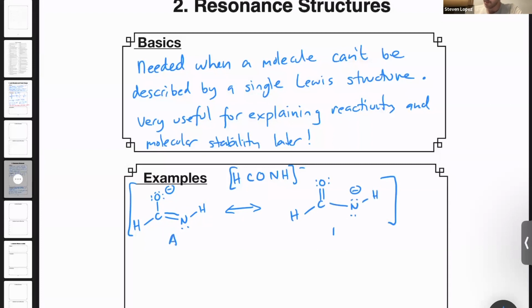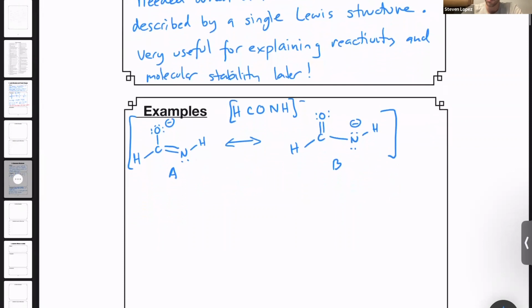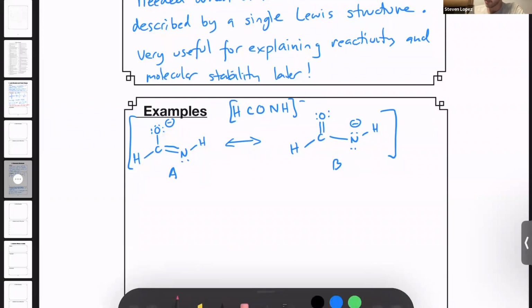And I'm going to label each of these resonance forms as A or B to describe later in this discussion. The main difference between A and B is that the negative charge of A is on the oxygen and the negative charge of B is on nitrogen. Now, these are both perfectly reasonable resonance forms. They all have octets. So you might be asked, and will be asked, which is the major resonance form?